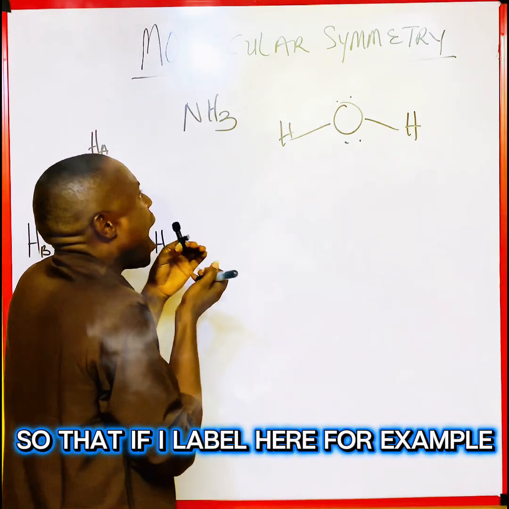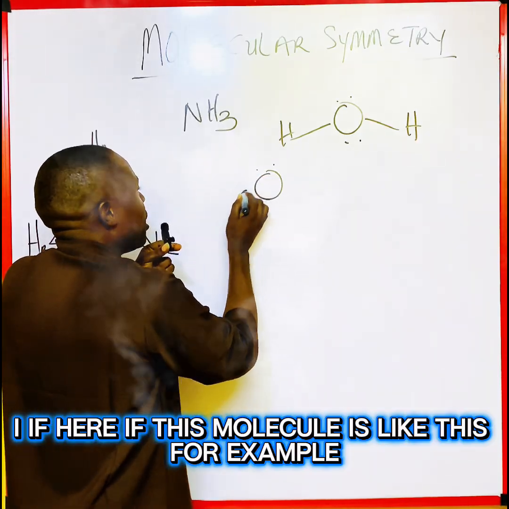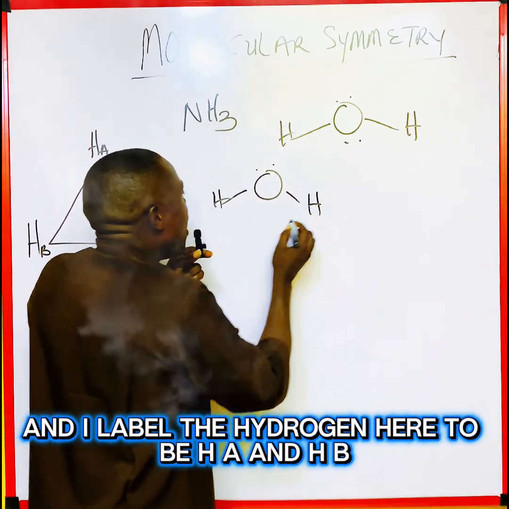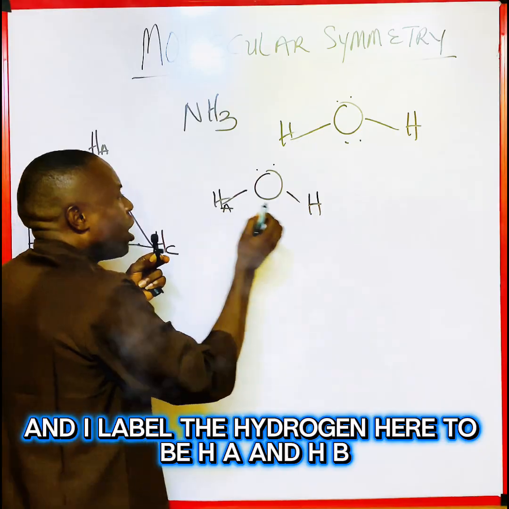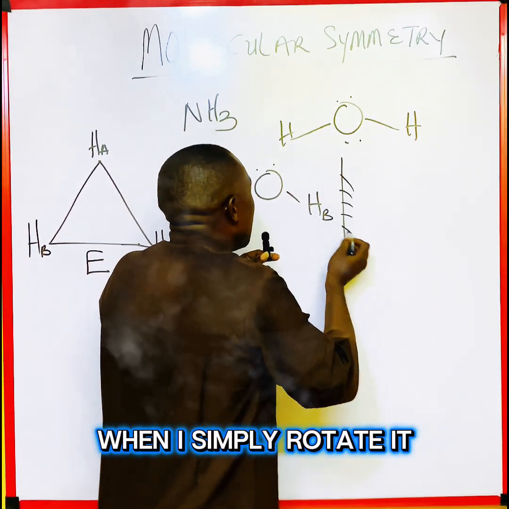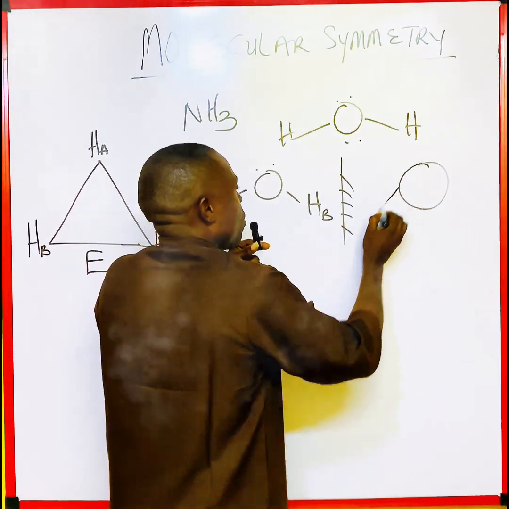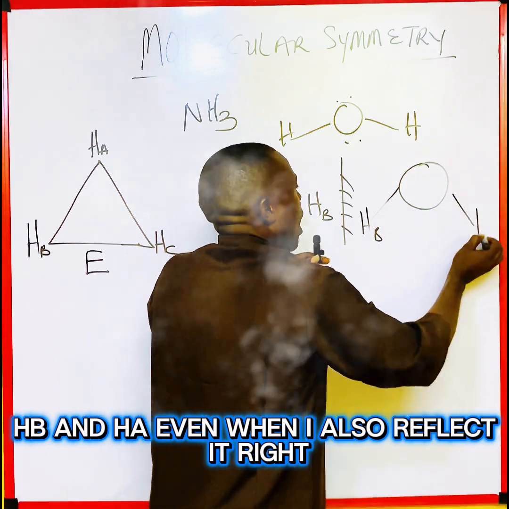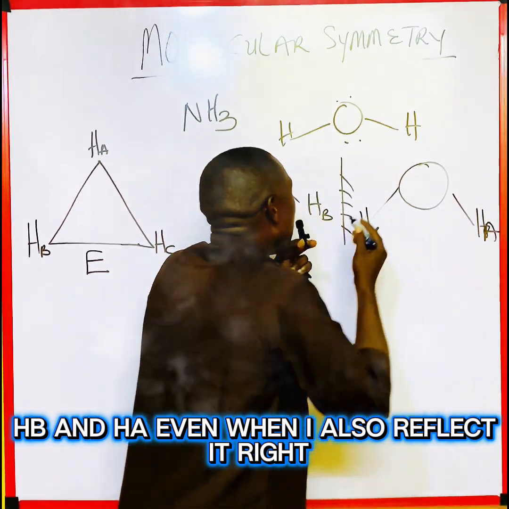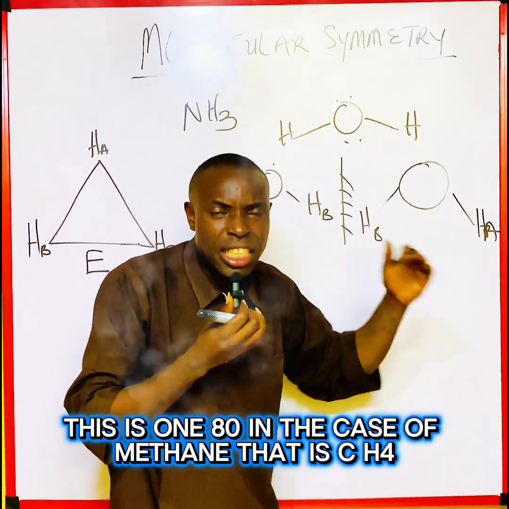So if I label the hydrogens here as Ha and Hb, when I simply rotate it, it will give me Hb and Ha, even when I also reflect it. This is 180.